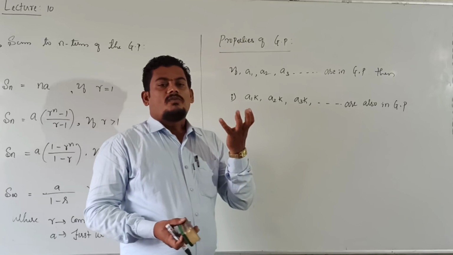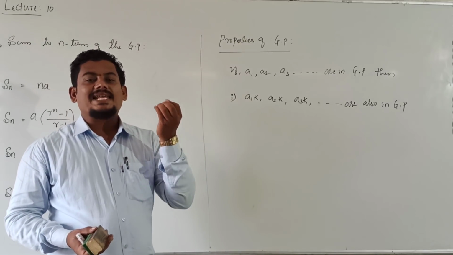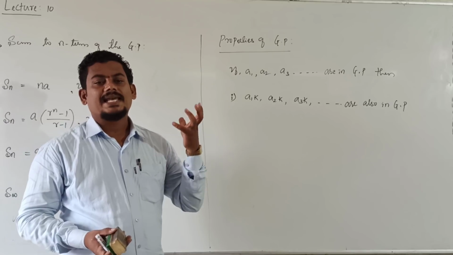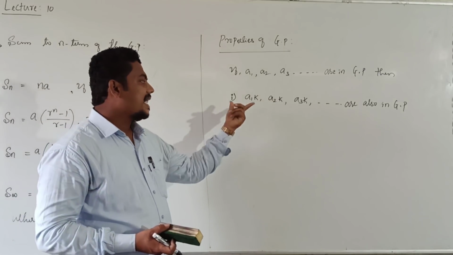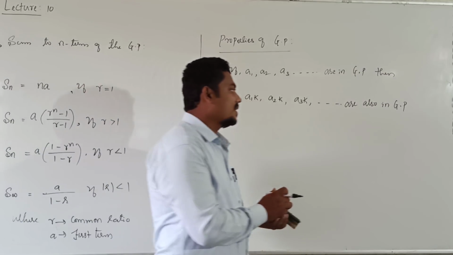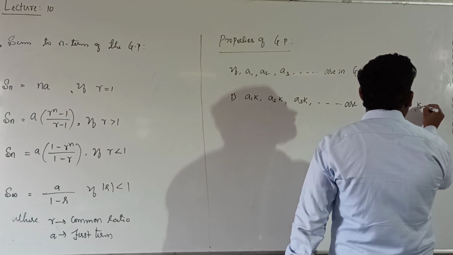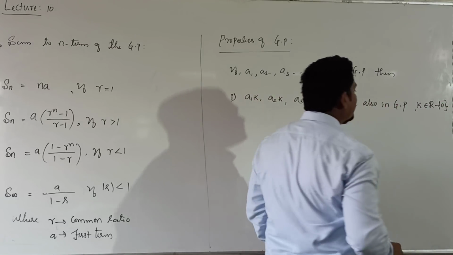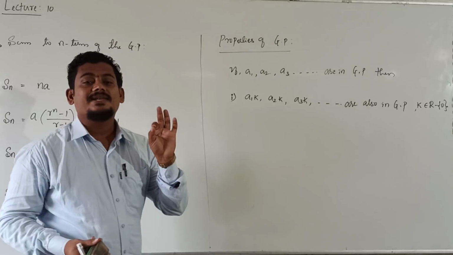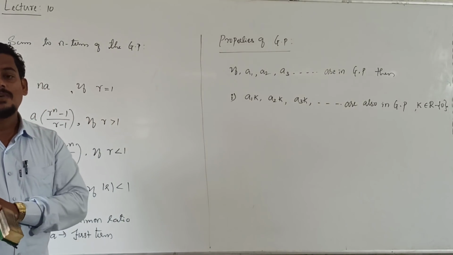Means for any GP, if you multiply any non-zero real number K, K should be non-zero. K belongs to all real numbers except 0. Why? Because any term of the GP should not be 0. Just remember this point.